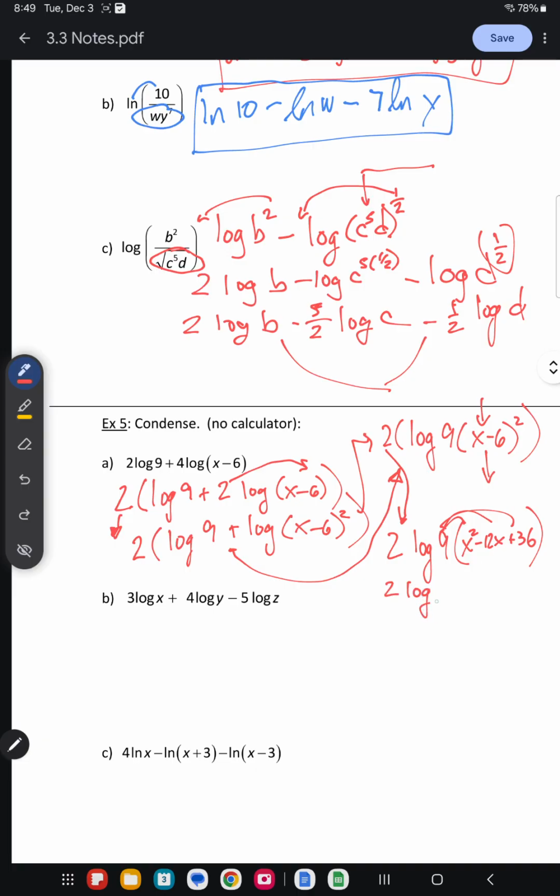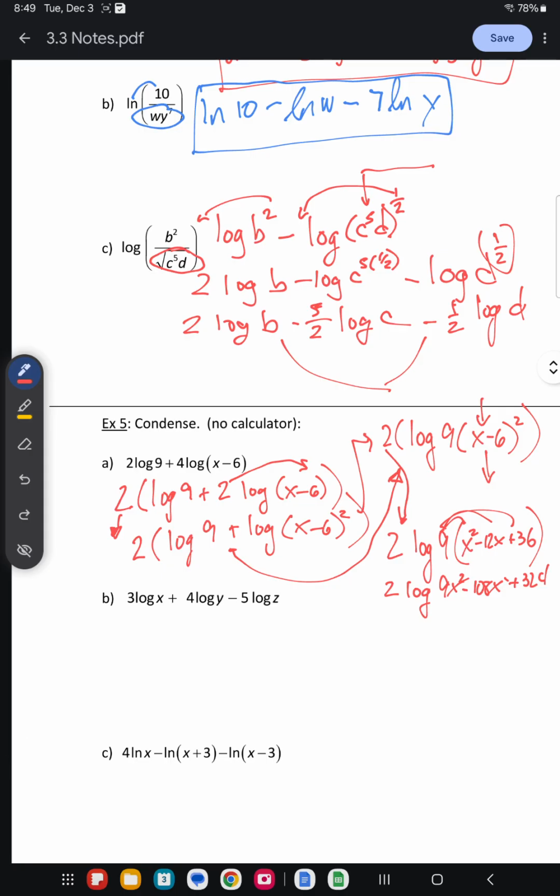So we have 2 log 9x squared minus 108x, okay, plus 324. So that would be your final answer. It's a big mess. So there is a lot of work in this problem. So if you need to go back and review this, by all means do so.